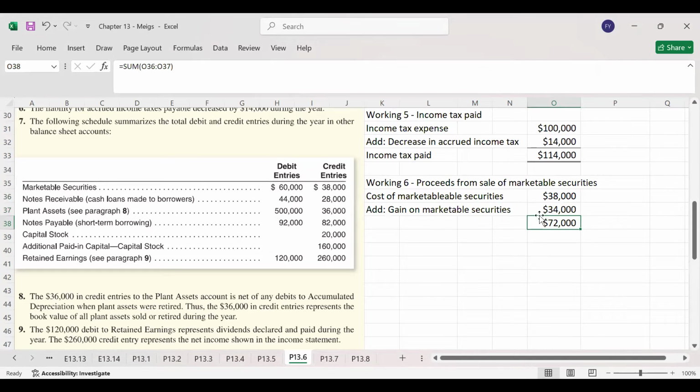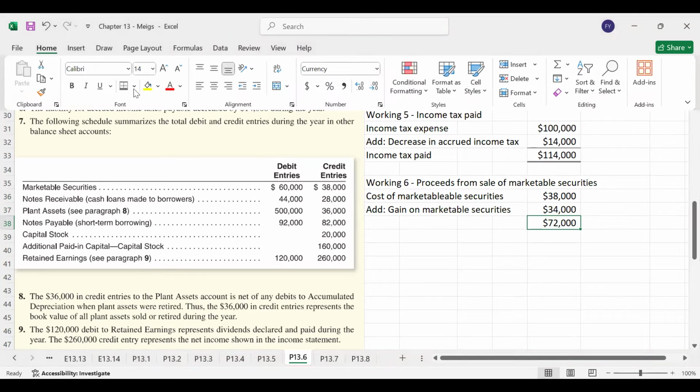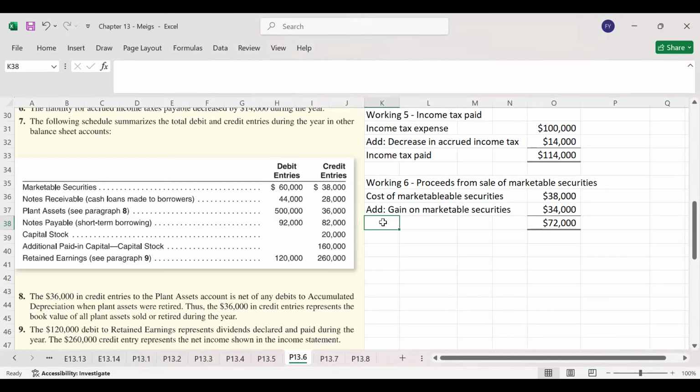So here we have $72,000 received during the period from the sale of marketable securities, because 38 represent the cost of the marketable securities, and then we added any gain.